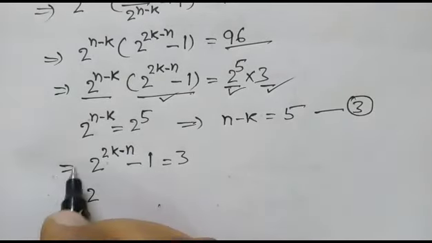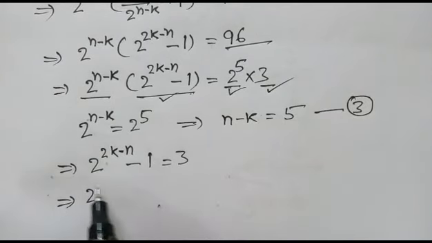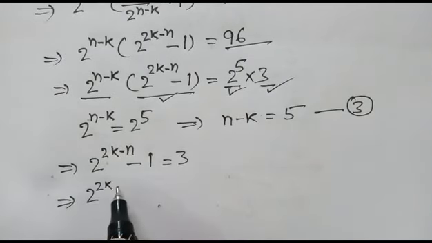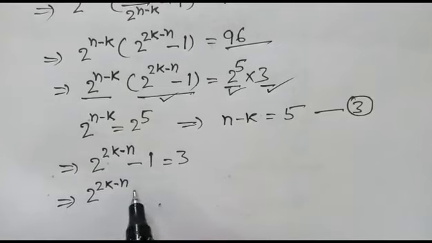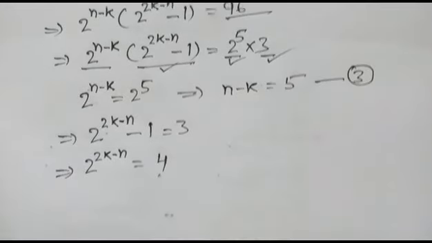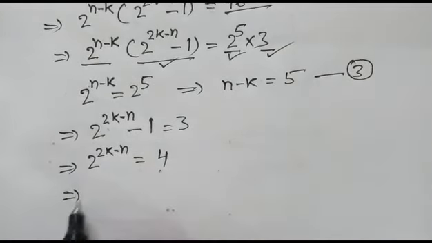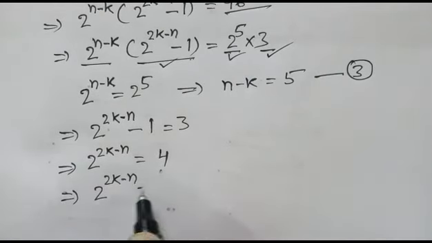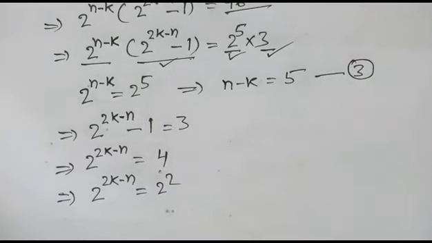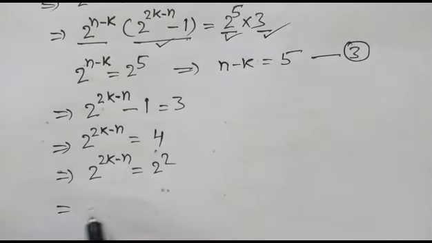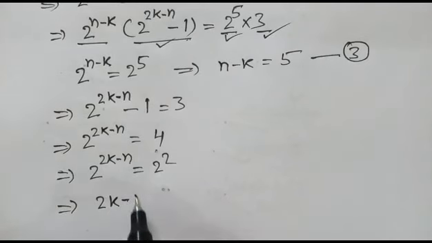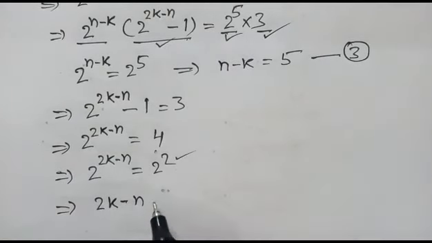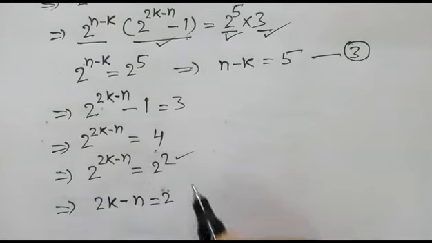So 2 to the power 2k minus n is equal to 4, or 2 to the power 2k minus n is equal to 2 square, right? So 2k minus n will be equal to 2, right?